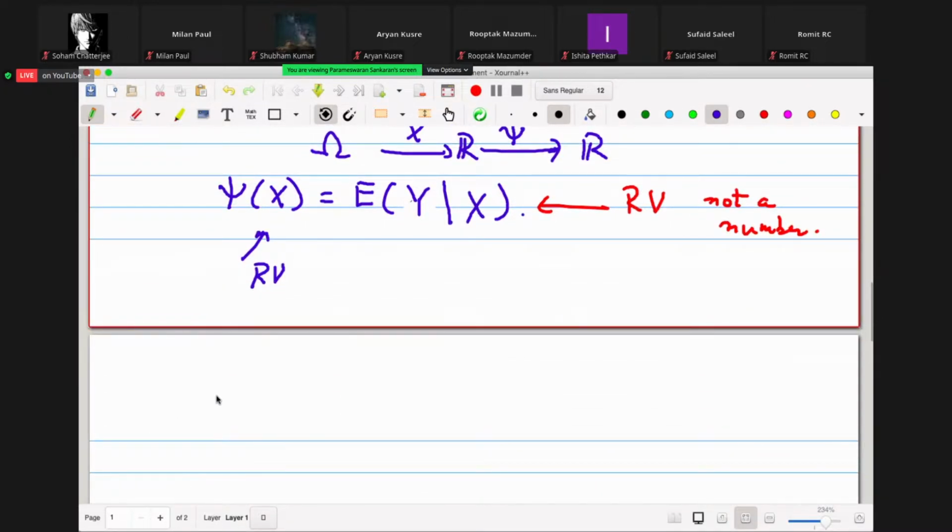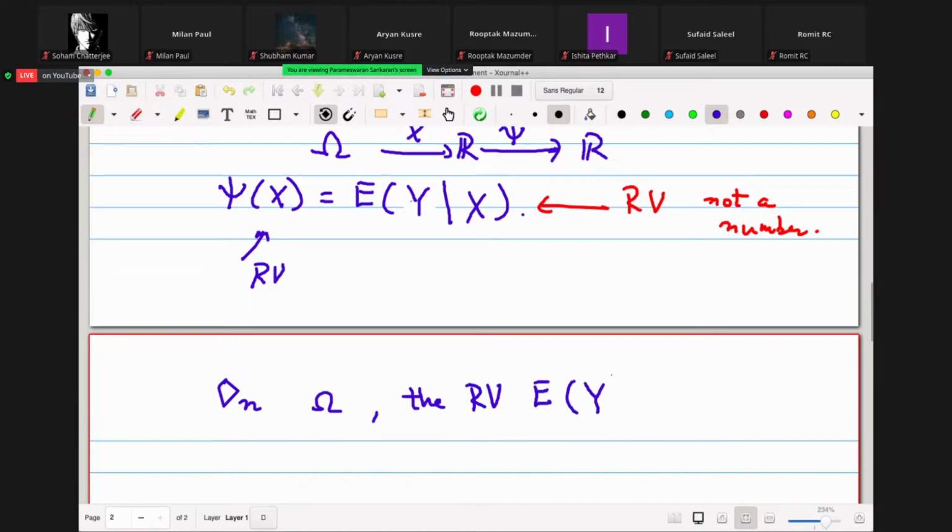On omega, the random variable E of Y given X is defined as follows.